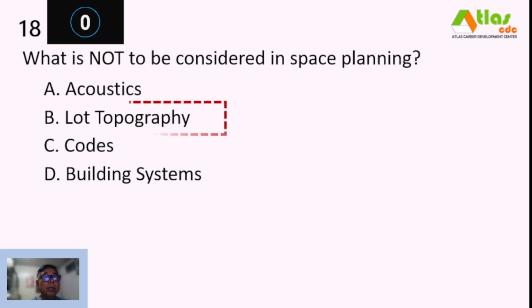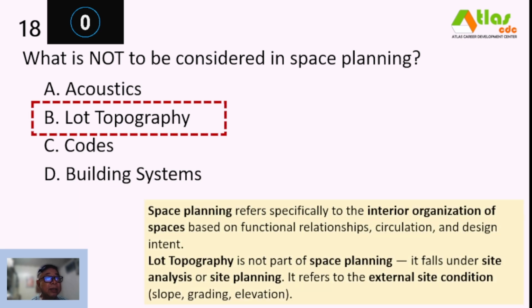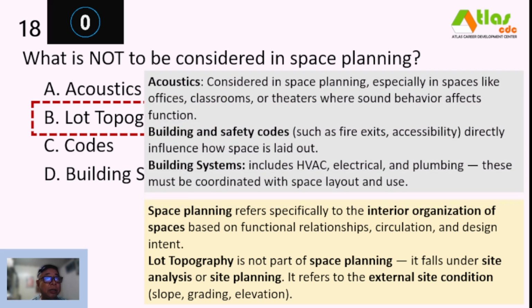And our correct answer is B. Lot topography. So space planning refers specifically to the interior organization of spaces based on functional relationships, circulation, and design intent. Lot topography is not part of space planning. It falls under site analysis or site planning. It refers to the external site condition like slope, grading, and elevation.